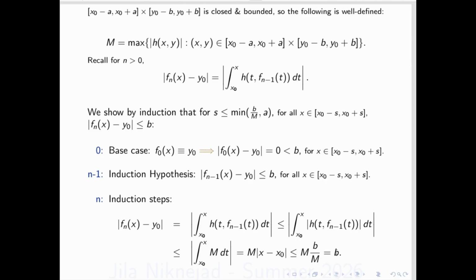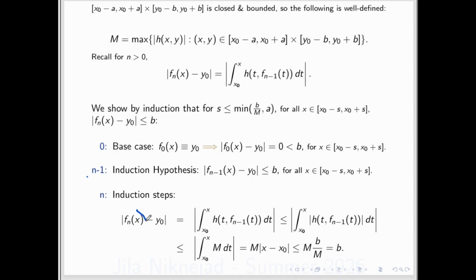So the entire thing becomes less than or equal to b. The absolute value of f sub n of x minus y naught is less than or equal to b, which in turn means that f sub n of x is in the closed interval y naught minus b and y naught plus b.